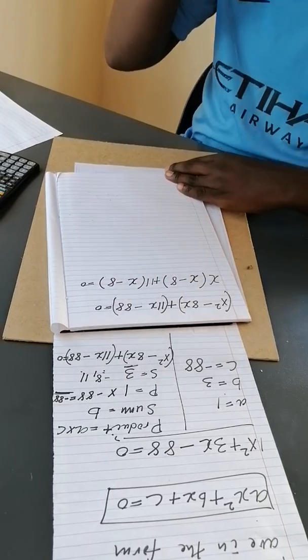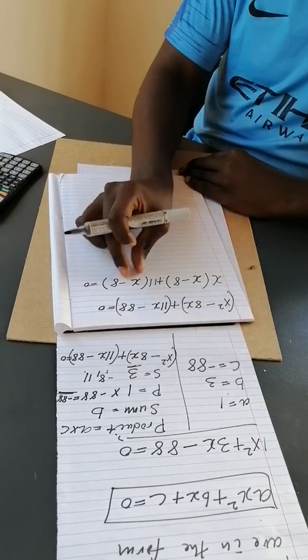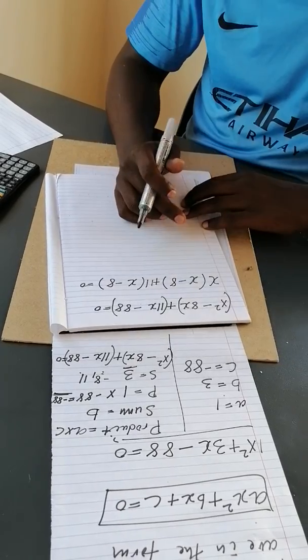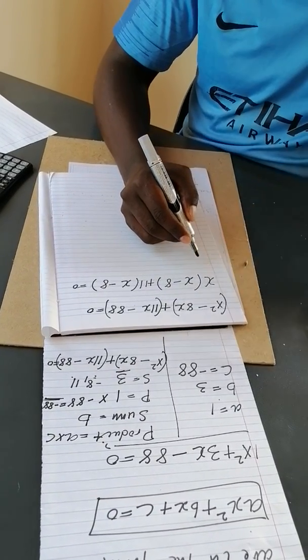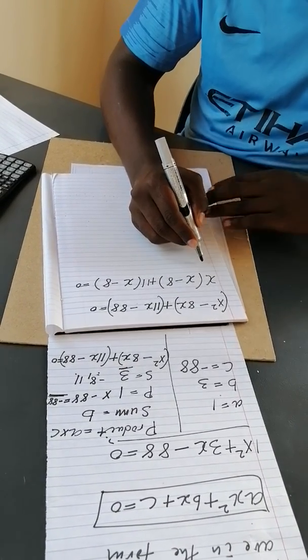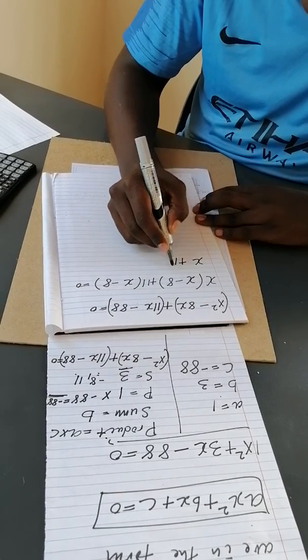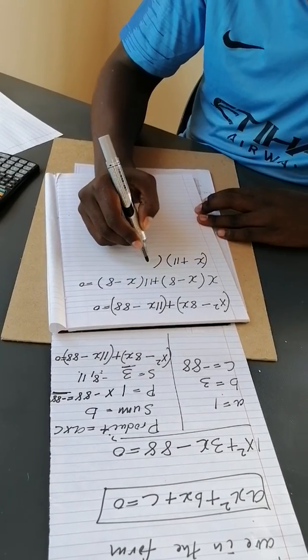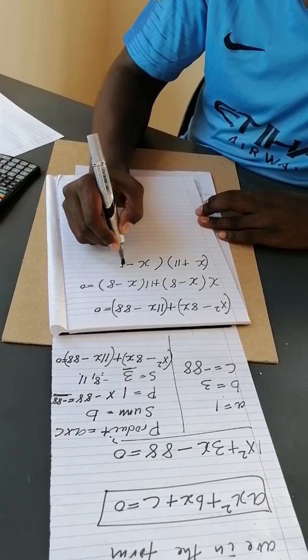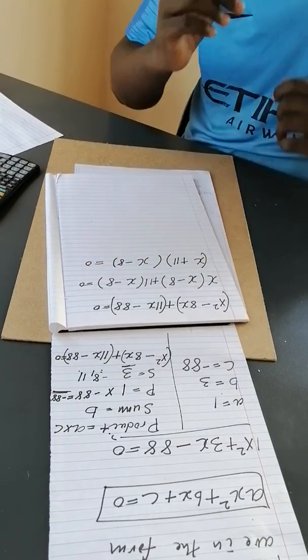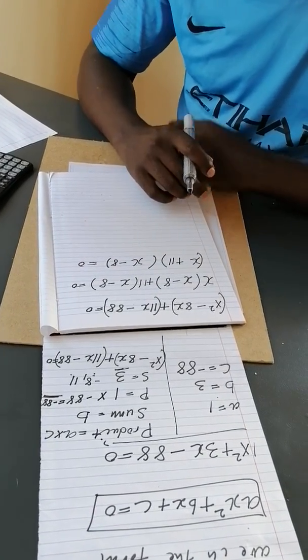What is inside the bracket should be common in both, meaning you are correct. So our answer is x plus 11 multiplied by x minus 8. So you group what is common and take the other ones to group them.